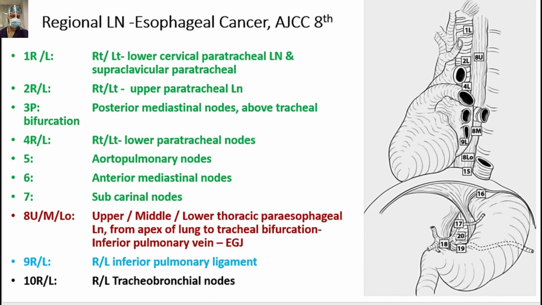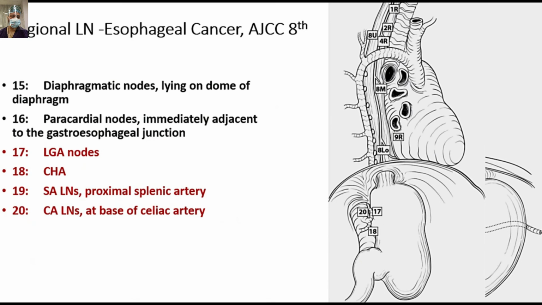That is how they are divided. 9 is right inferior pulmonary ligament, and 10 is tracheobronchial lymph nodes. 15 is diaphragmatic nodes lying on the dome of the diaphragm. 16 is paracardial nodes immediately adjacent to the gastroesophageal junction. 17 and 18 are left gastric and common hepatic, that is 7 and 8 in gastric cancer. 19 is splenic artery lymph nodes, proximal splenic artery lymph nodes, and 20 is celiac artery lymph nodes at the base of the celiac artery.